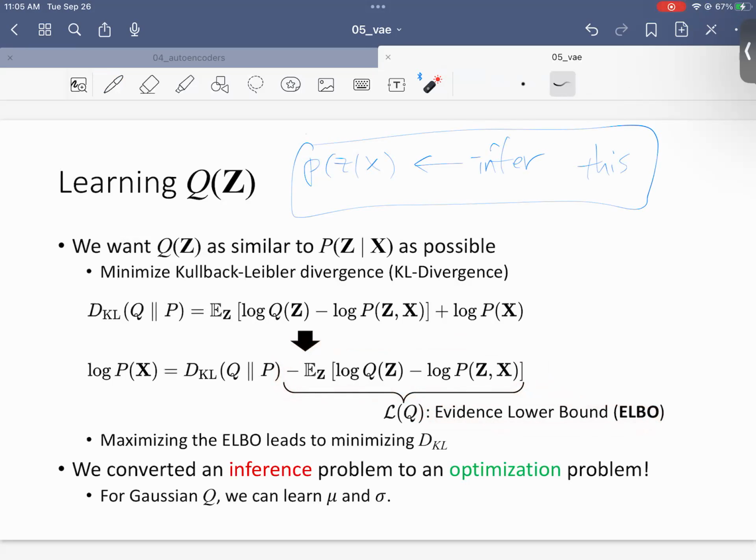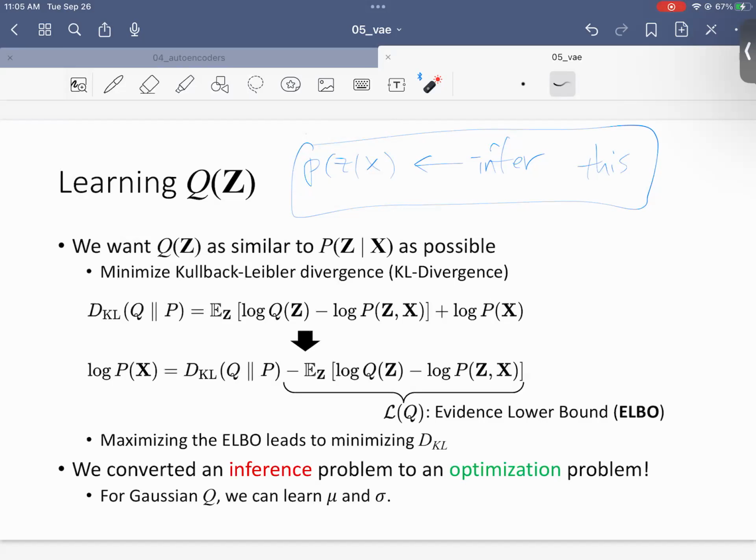Maximizing or minimizing a function is optimization, and optimization is way easier than inference. Inferring this is very difficult, but maximizing this is easy. You just do stochastic gradient descent, and that's it. So that's the whole setup.